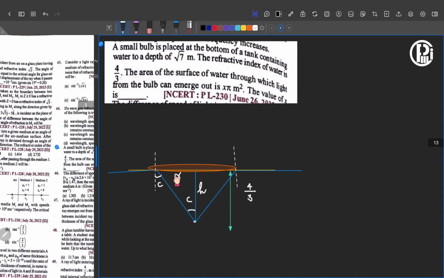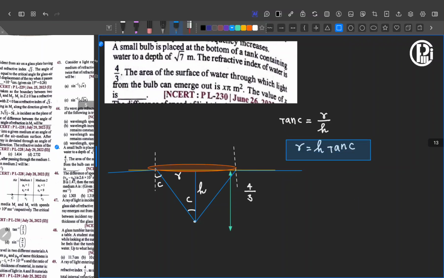From tan C, we can say tan C is equal to R by H. Therefore R is equal to H into tan C. Please keep this in mind, that formula is important.